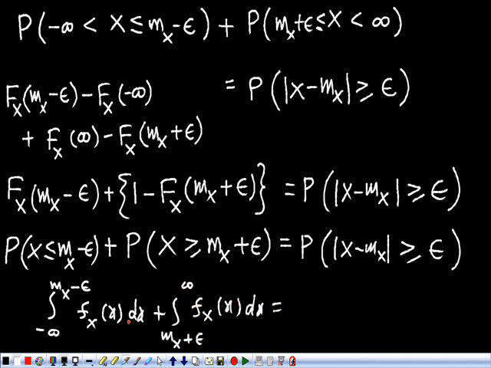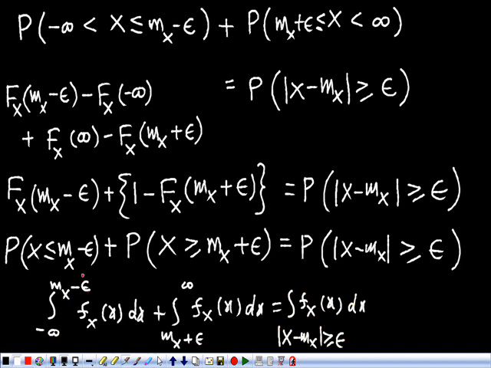But from the previous slide, can we combine these two? So this is from minus infinity to this, mx plus epsilon to plus infinity. Can I write this as integral over mod x minus mx greater than or equivalent to epsilon of fx of x dx?